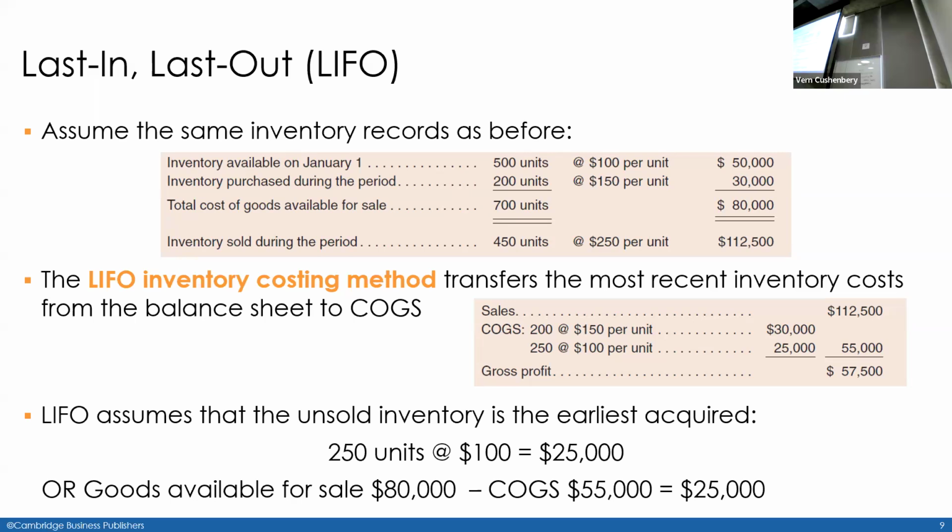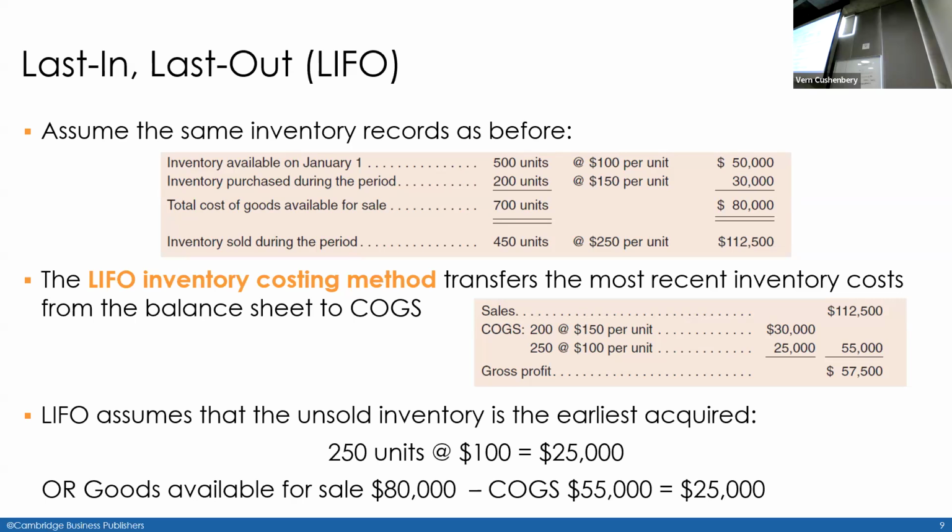So we know we want to take those units and send the cost of those units over to the income statement, but we only have 200. So where do we look after that? Well, we sold 450, we just costed 200 at 150 per piece. We have to assign the cost of the next 250 units at $100 per. That all adds up over there.